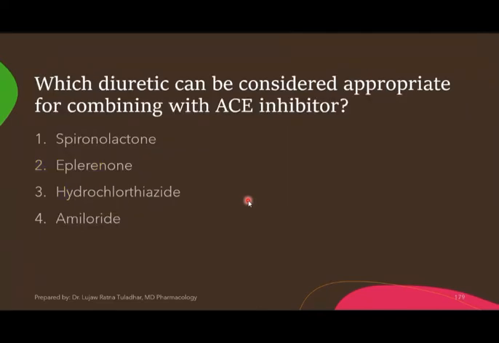Okay, our second question. Which diuretic can be considered appropriate for combining with ACE inhibitors? Abhishek Thakur, are you there?